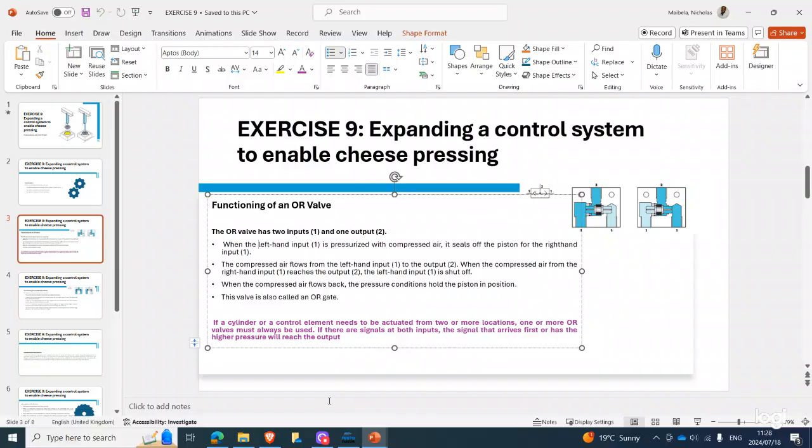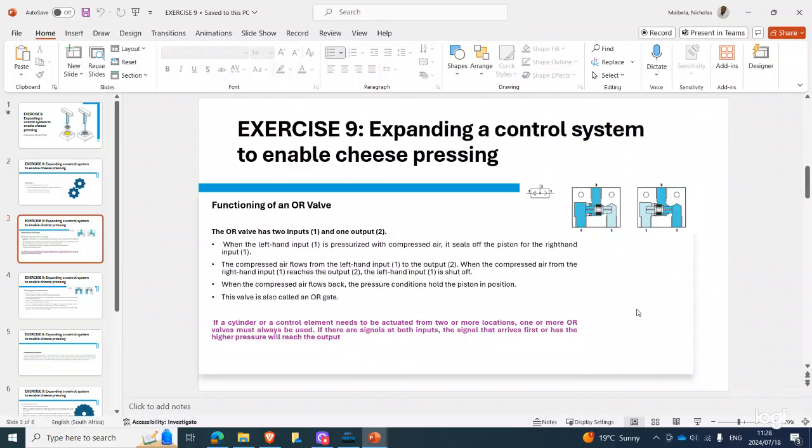Let's say that for the cylinder to advance, we need to press either one push button or the other.